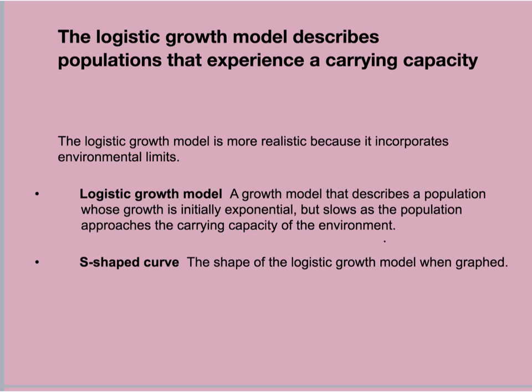So a logistic growth model describes a population whose growth is initially exponential, but then slows to approach some sort of carrying capacity that is a limit set by the environment. Those models produce an S-shaped curve, and that is the shape the model generates once it's graphed.